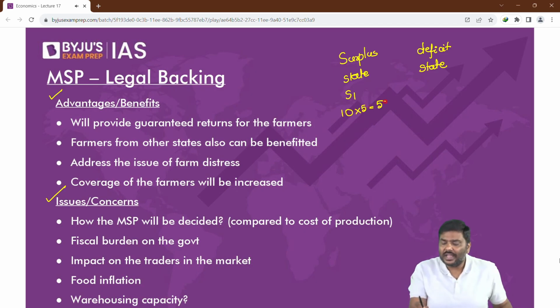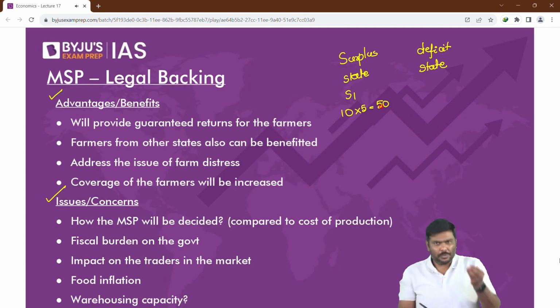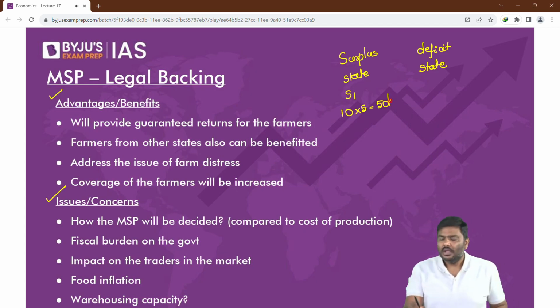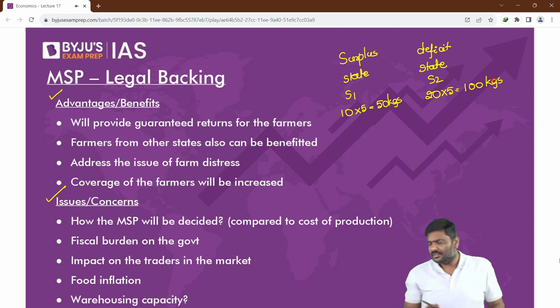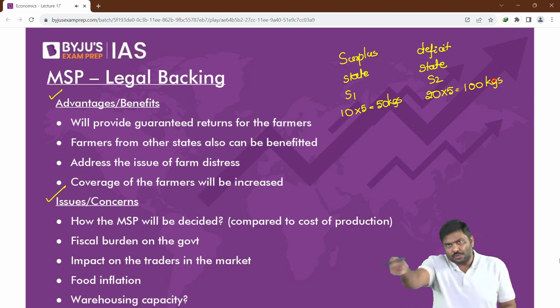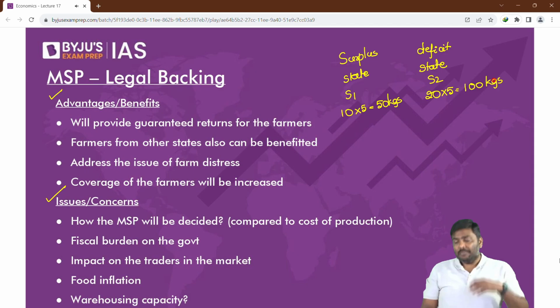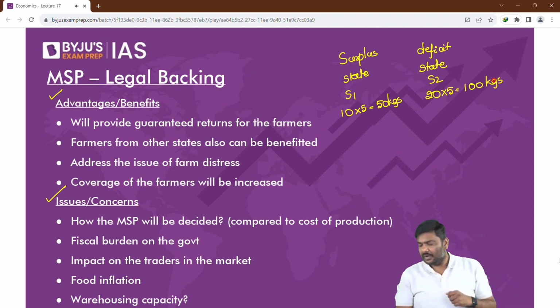So can I say government will require 50 kgs of food grain in state 1? Second state, imagine there are 20 people who are supposed to be given 5 kgs of food grain, which means government should have 100 kgs to provide to the beneficiaries.